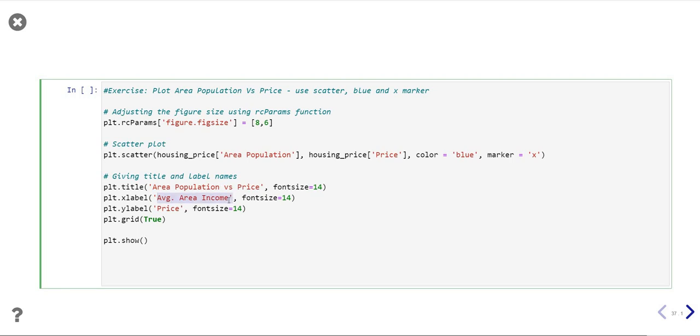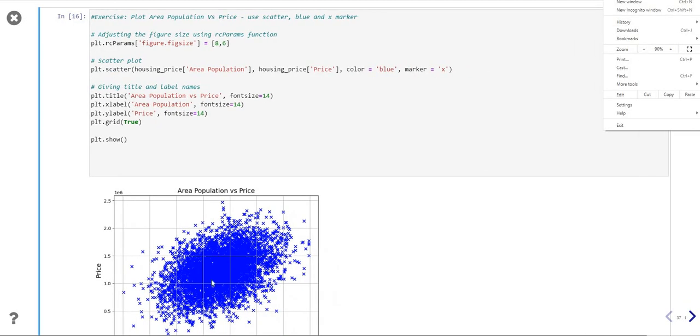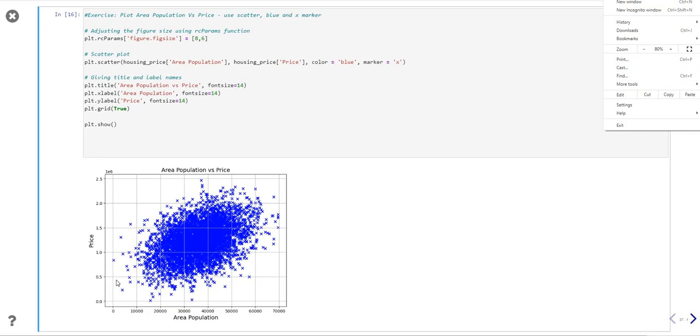This one will be area population and the price. So you'll be able to get the plot. And what is the relationship? Again, it also has more or less a positive linear relationship. You can see it from the visualization.